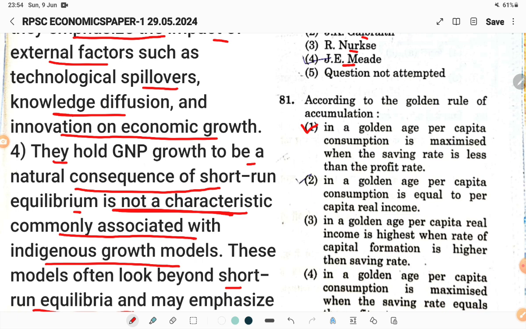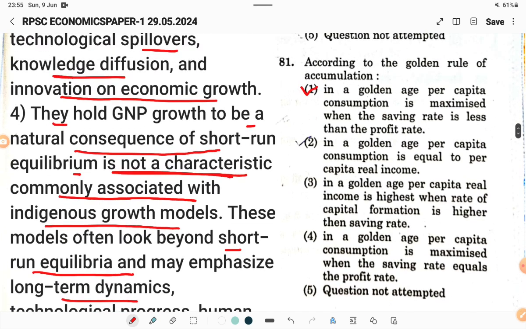It suggests that in an economy's golden age, where long-term prosperity is achieved, per capita consumption is maximized when the saving rate, the proportion of income saved and invested, is less than the profit rate, the return on investment. This balance ensures that enough resources are allocated to investment, which fuels economic growth, while still allowing for significant consumption. So that's why this statement is right here.